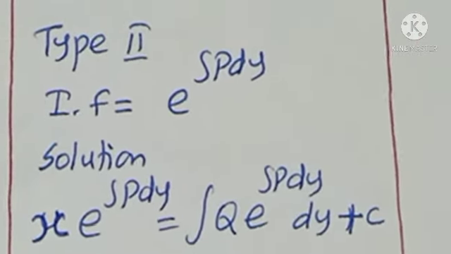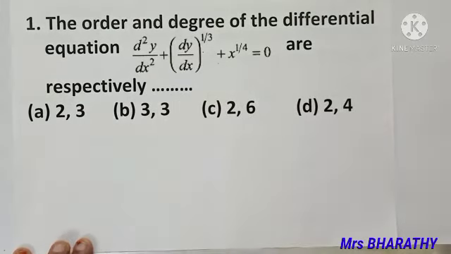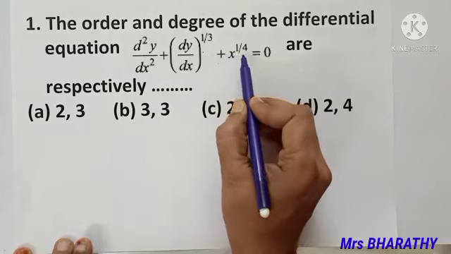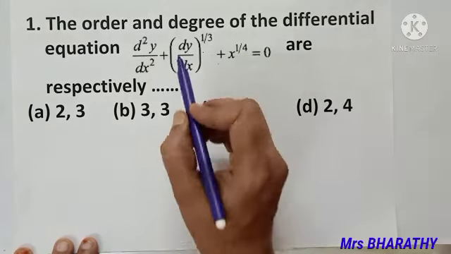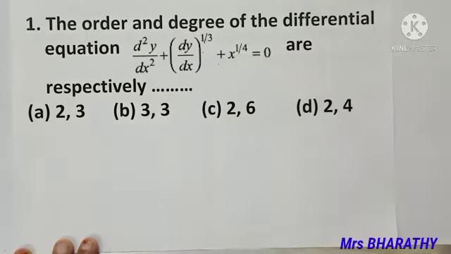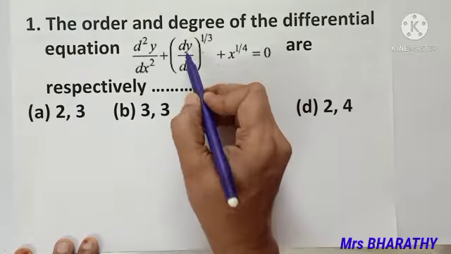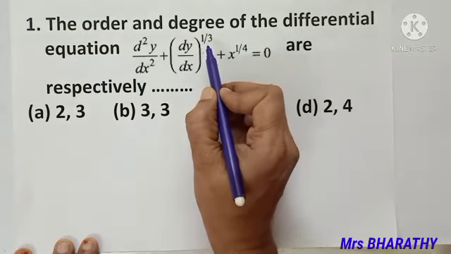Exercise 10.9. Question number 1. The order and degree of the differential equation. As we read the differential equation, we must ensure that the differential coefficient is free from the radical symbol. Here, dy by dx has the power 1 by 3, that is not valid.